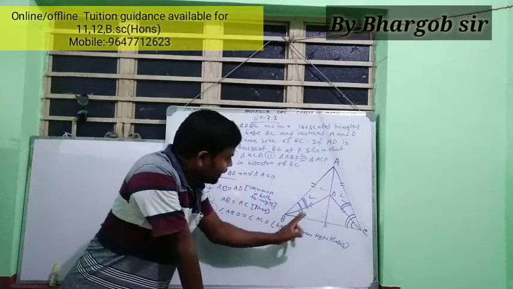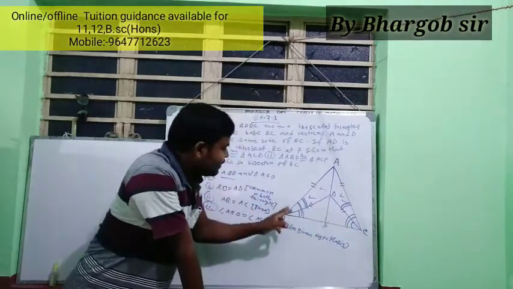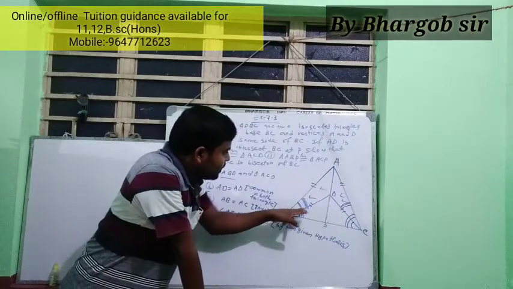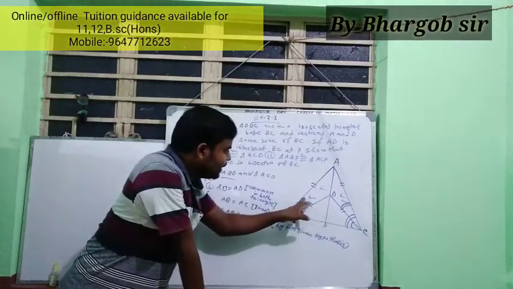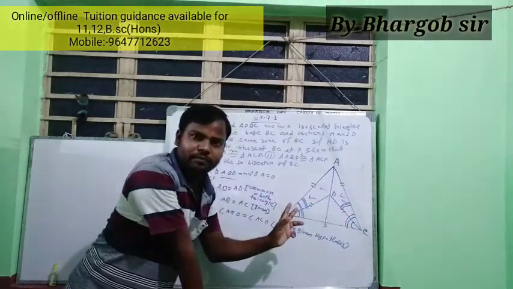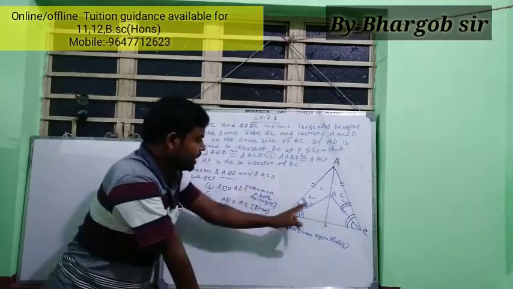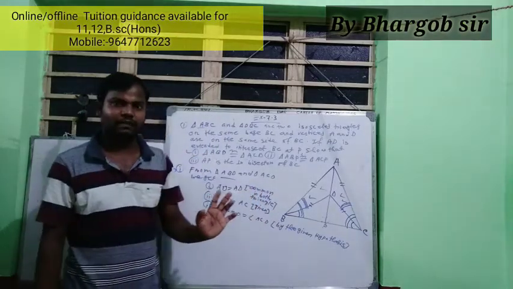After that, this full angle and this full angle are the same, and by seeing this figure, we can say that this angle and this angle are the same. You are not required to prove this, so we can just write this. Any problem?